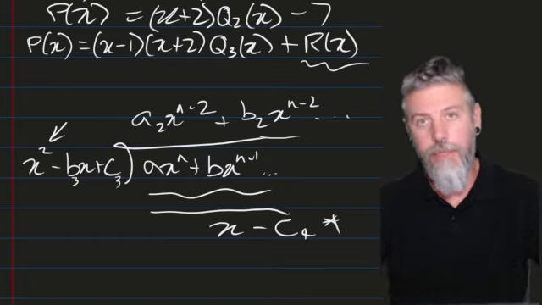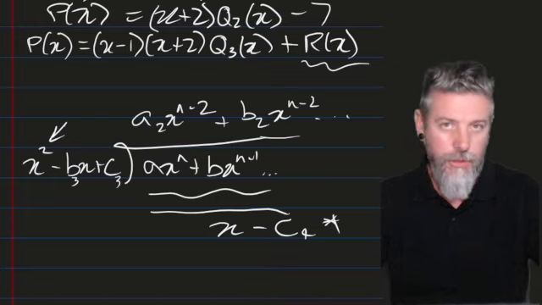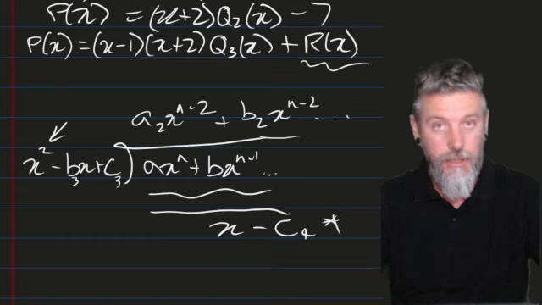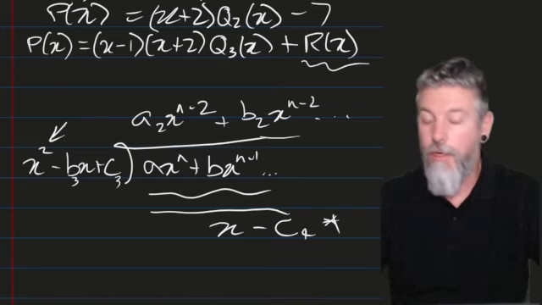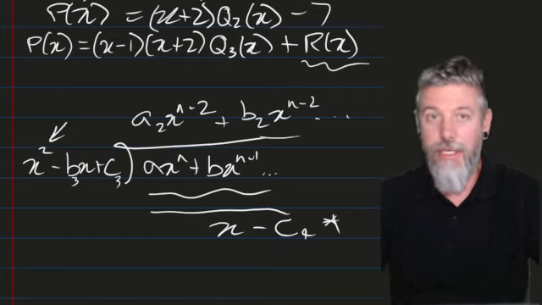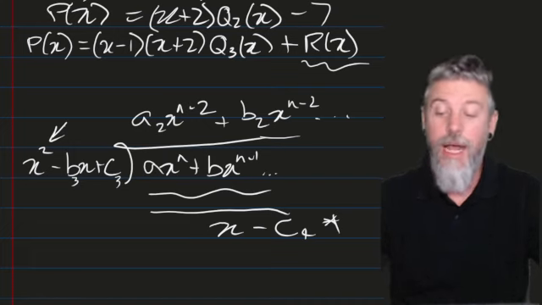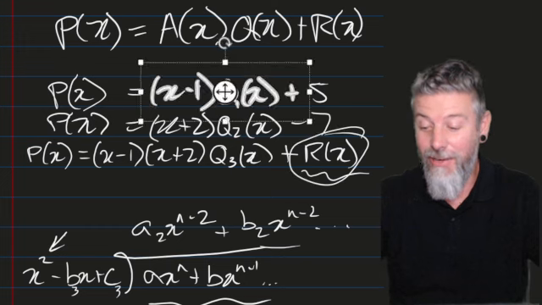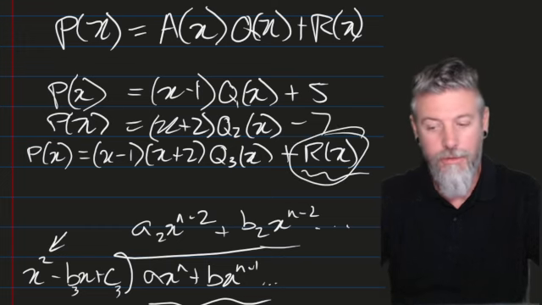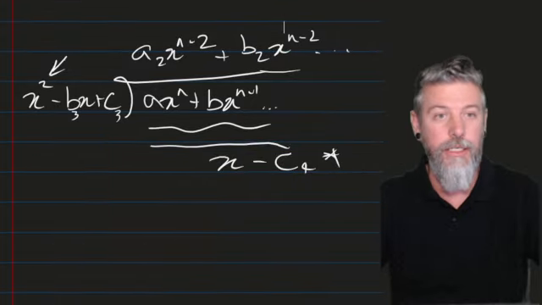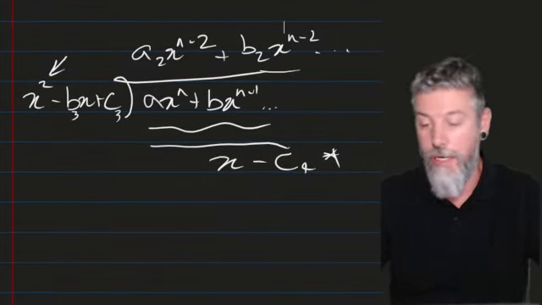And we can't keep dividing into that remainder if the degree in the divisor is larger than that in the remainder, because it would just result in a negative index. And by definition, a polynomial won't have a negative index. And by definition, r of x is a polynomial. So therefore, we can't continue to do this division down here and start getting x to the -1 or anything like that.